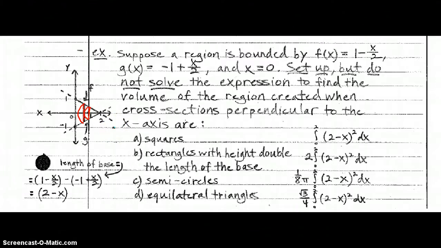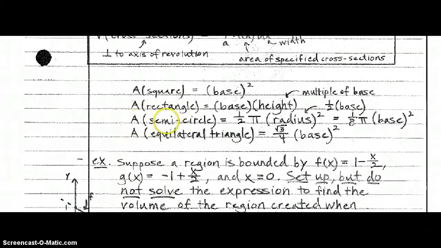So for a semicircle, it's 1/2 times pi r squared. The catch with this one is that your radius is only half of the base. So the area of a semicircle is 1/2 pi r squared, but because the radius is only half of the base, it simplifies to 1/8 pi times the base squared.